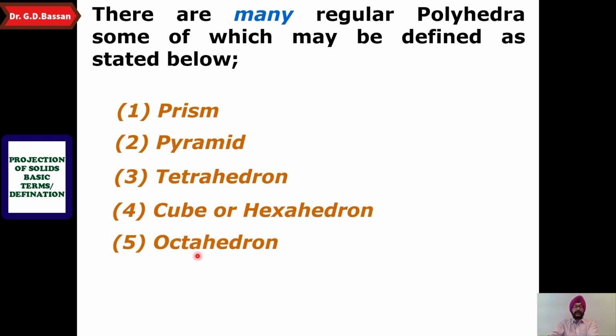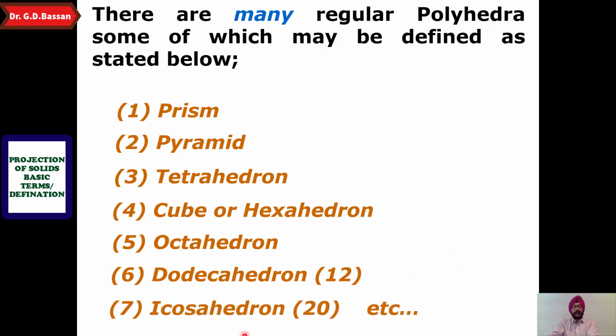Octa means 8, so a solid consisting of 8 sides is called an octahedron. The other one is a dodecahedron. Dodeca means 12, so a solid consisting of 12 sides or faces is considered a dodecahedron. And icosahedron: icosa means 20 and hedron means faces.